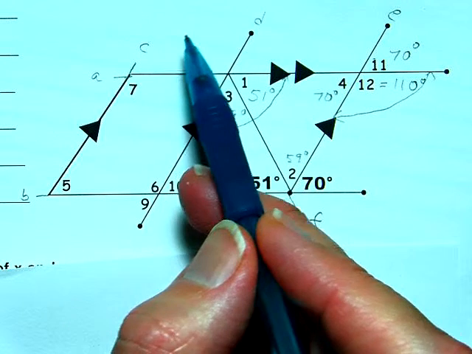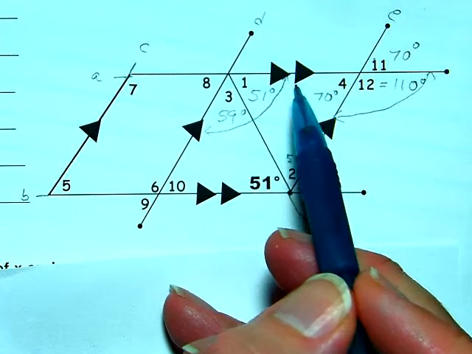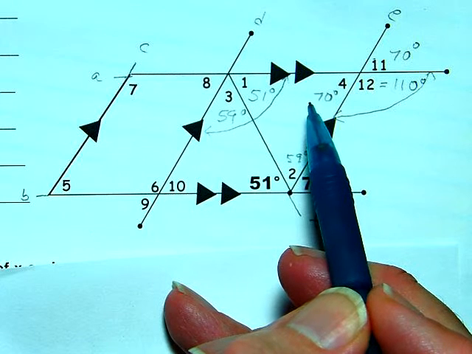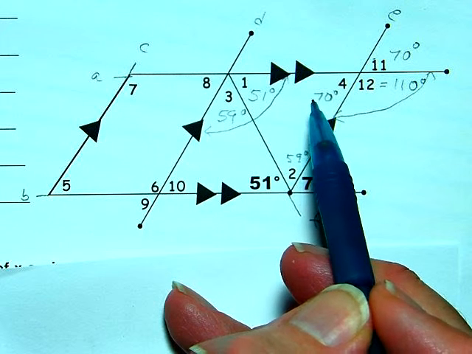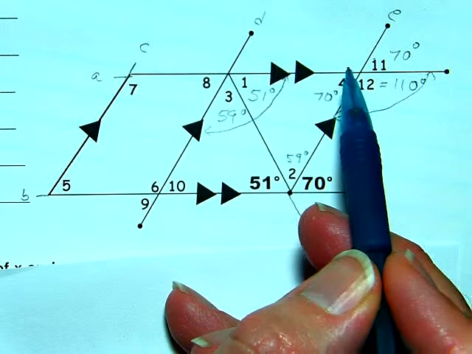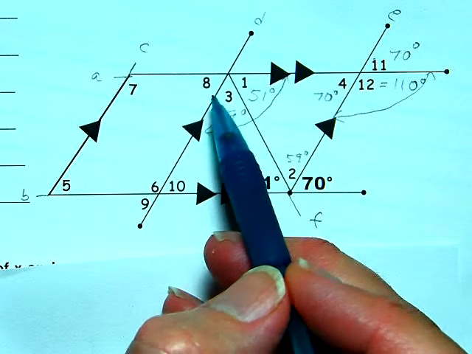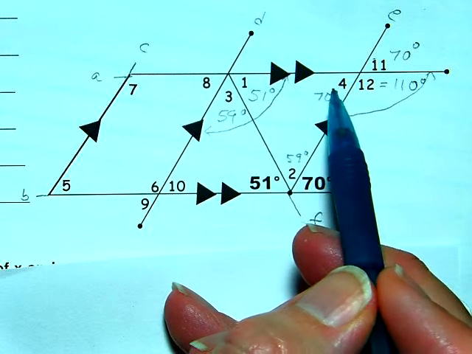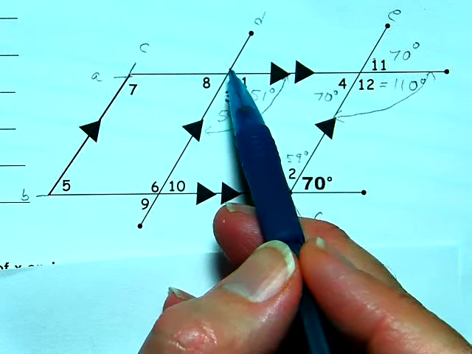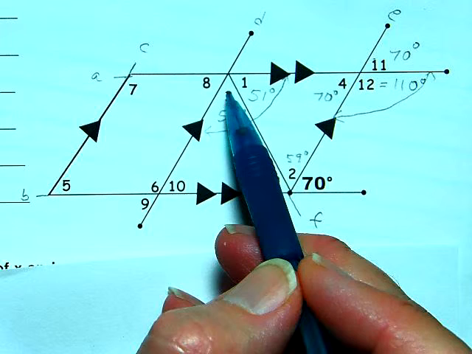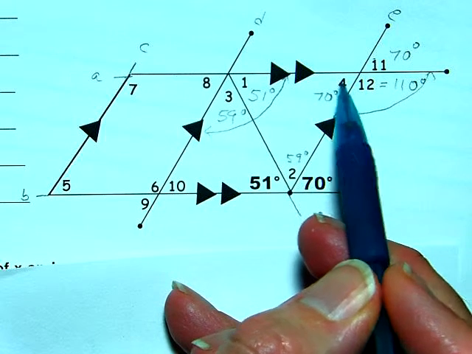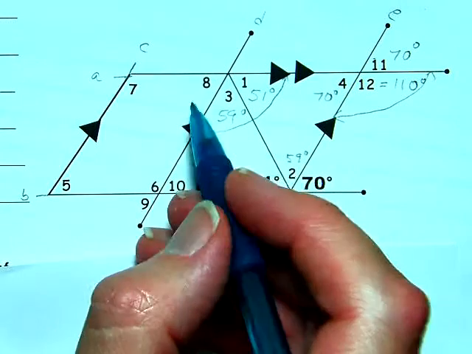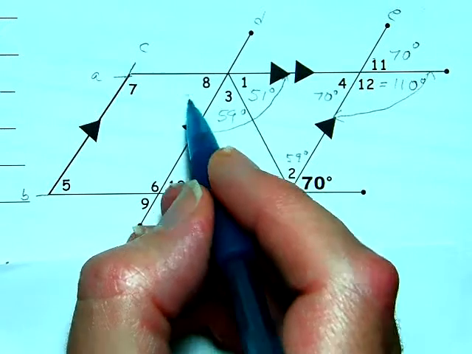Are there any relationships between angle 4, transversal A, and the parallel lines? Well, 4 and 8 are corresponding angles. They're both to the lower left-hand side of the corresponding points. So angle 8 is also 70 degrees.